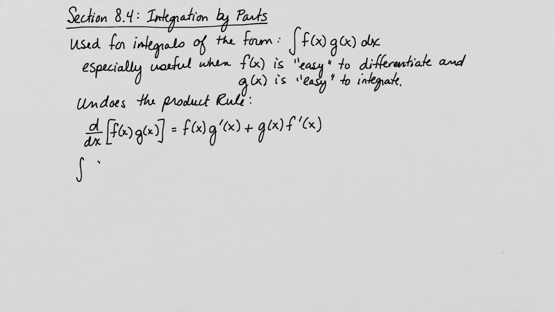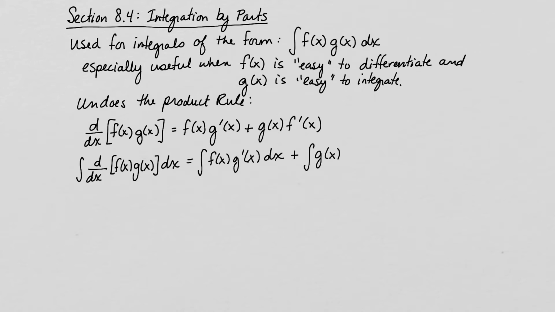So the integral of the derivative with respect to x of f of x, g of x, dx is going to be equal to the integral of f of x, g prime of x, dx, plus the integral of g of x, f prime of x, dx. So all I've done so far is I started with the product rule, I wrote down what the product rule was, and then I have an equation that involves the product rule, and I just took the integral of every single piece. Any questions on anything I've done so far?